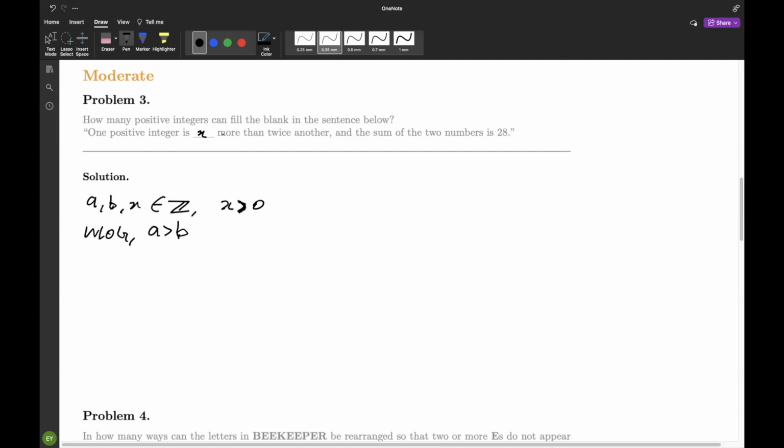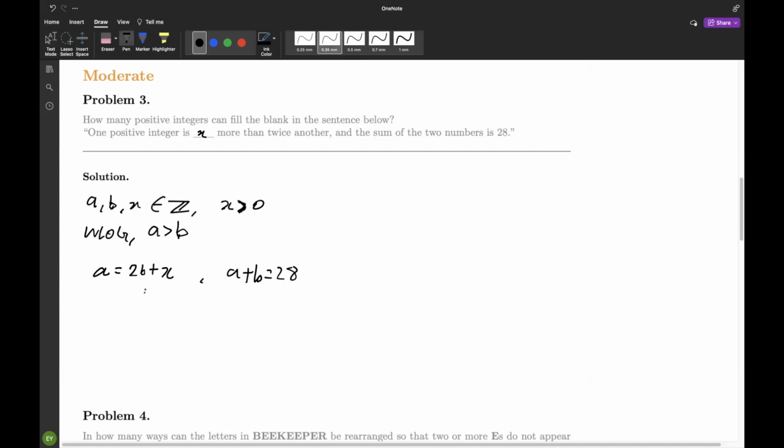One positive integer is x more than twice the other, so a is x more than twice b. And we know that a plus b is equal to 28. Now from here it is actually quite simple. We can either brute force it, or we can systematically solve it by finding the minimum value and the maximum value and then just counting from there. Oh wait, actually I'll just do that.